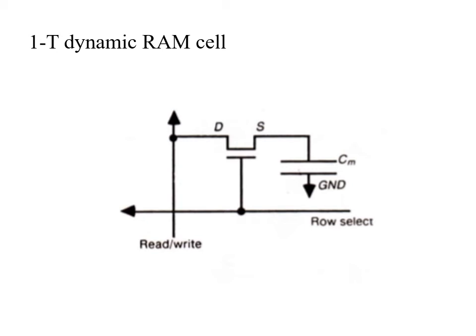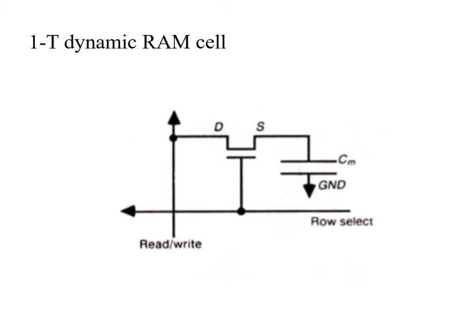Whereas for read operation, the row select input is 1, and whatever is there in the capacitor, suppose 1 is there in the capacitor, it will be moved through the transistor and made available in the read or write line. Suppose 1 is stored, 1 will be obtained. If 0 is stored, then 0 will be obtained.